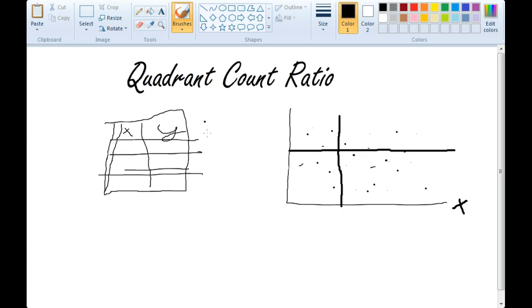Then you find the mean of the y's, and then you plot that. Those are just lines, they're not actual dots, so make sure not to put a dot. This will be your quadrant part, in which you have 4 quadrants: quadrant 1, quadrant 2, quadrant 3, quadrant 4.